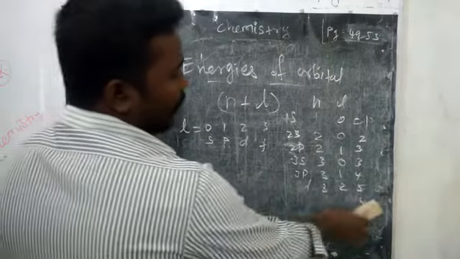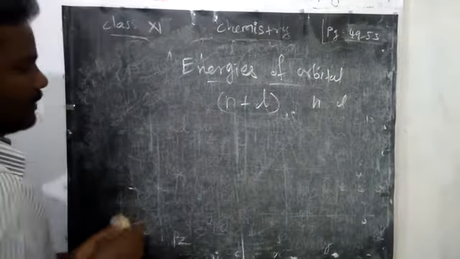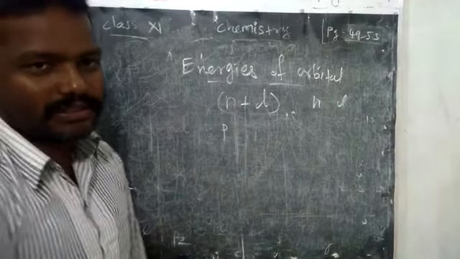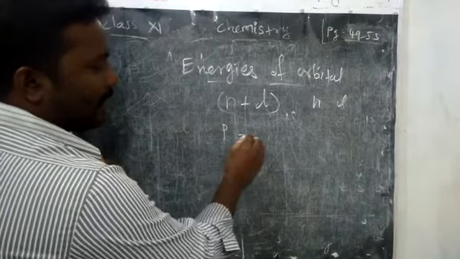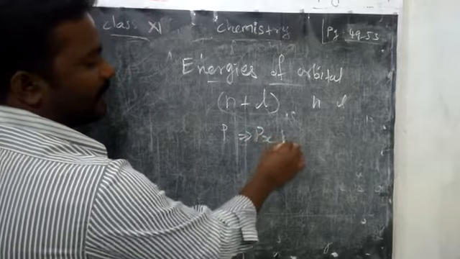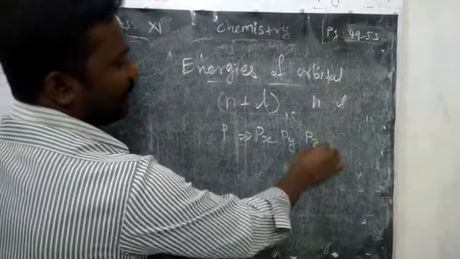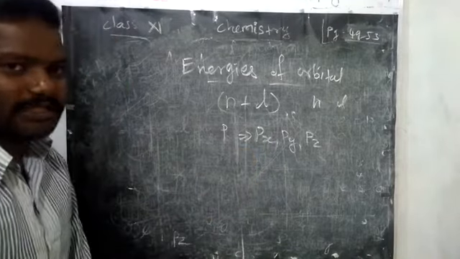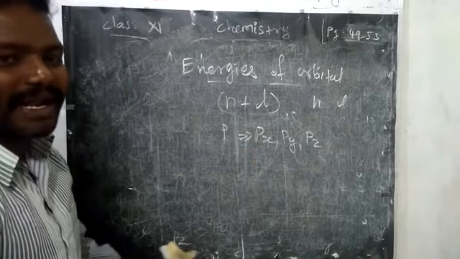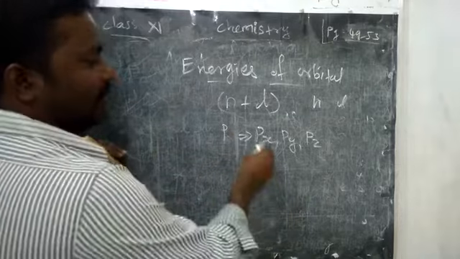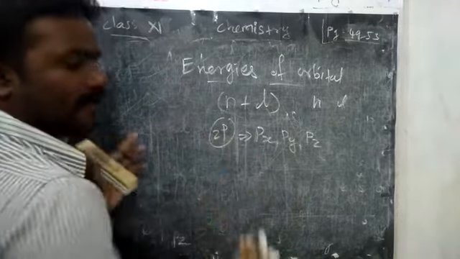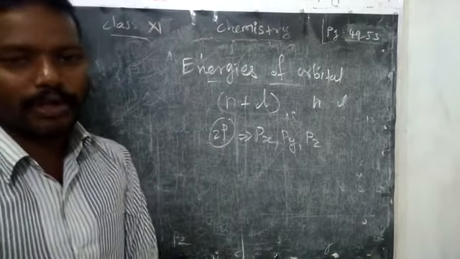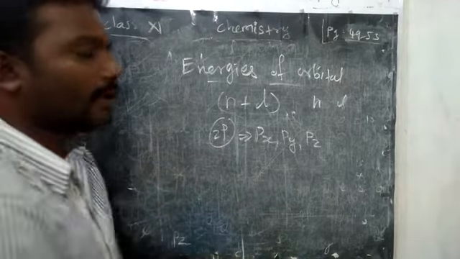Here is one thing you want to remember. I have written all these things, but the p orbital has three orientations, px, py, pz. These three orientations are possible, and all have the same energy. P orbital, 2p, 3p, whatever it may be, has three orientations with equal energy.